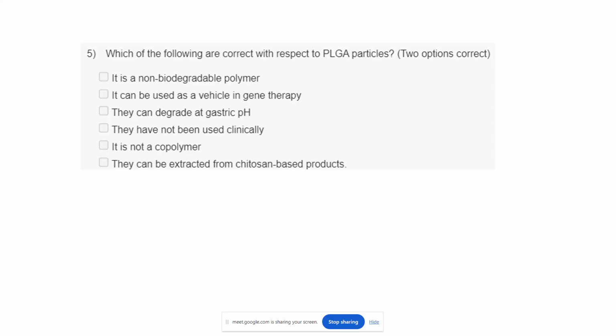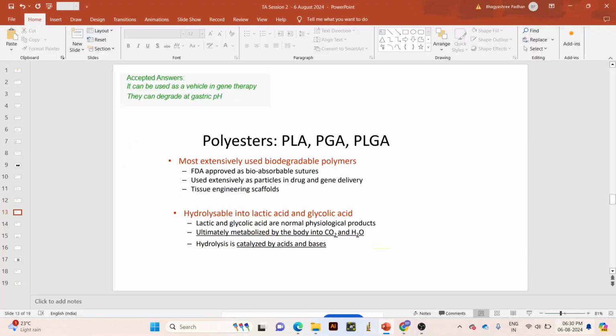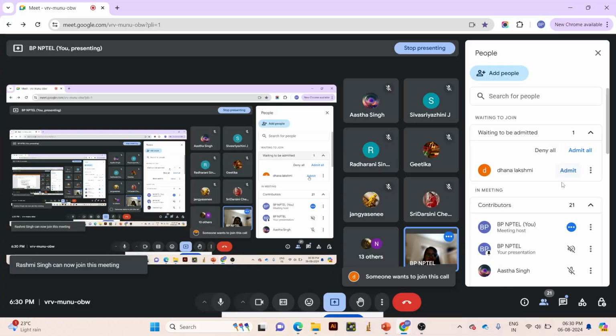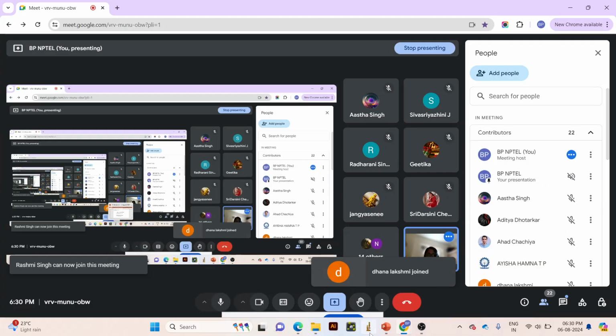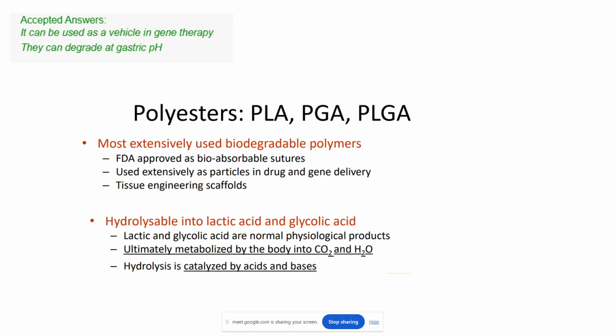Okay. So all of you are correct. Option 2 and 3 will be the correct answers. It can be used as a vehicle in gene therapy and they can degrade at gastric pH. These PLGA particles are FDA approved as bioabsorbable sutures and have been used in drug and gene delivery and tissue engineering scaffolds.